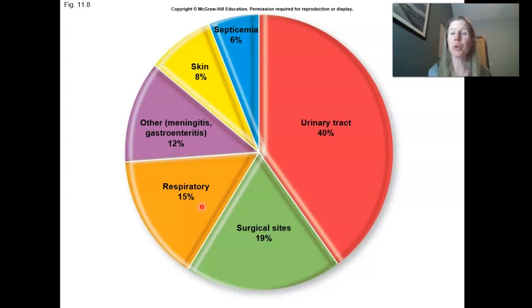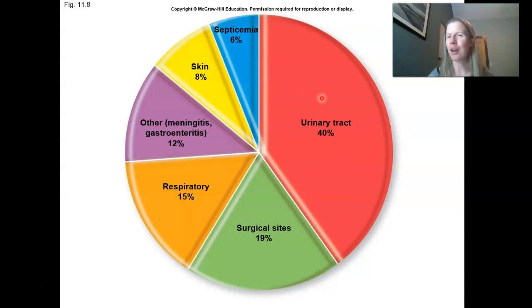And the term there is nosocomial. Nosocomial infections. And that's what this graph is showing. So we have something like 2 to 4 million nosocomial infections every year, and about 100,000 deaths due to infections that were picked up at the hospital. And so this graph is showing where those fall out.